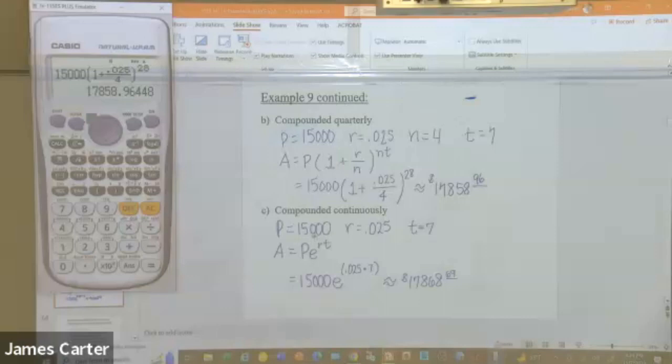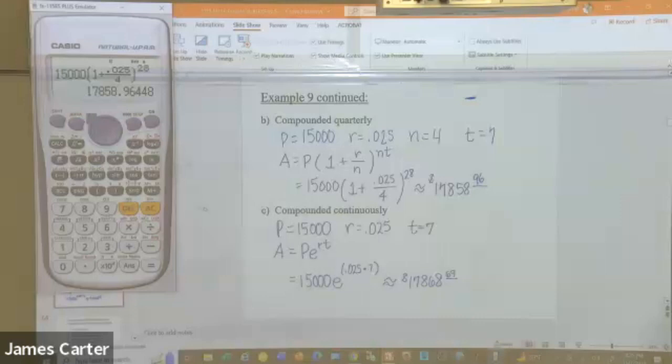Now we're going to use the A equals P times e to the rt formula. Just like this, P times e to the rt.